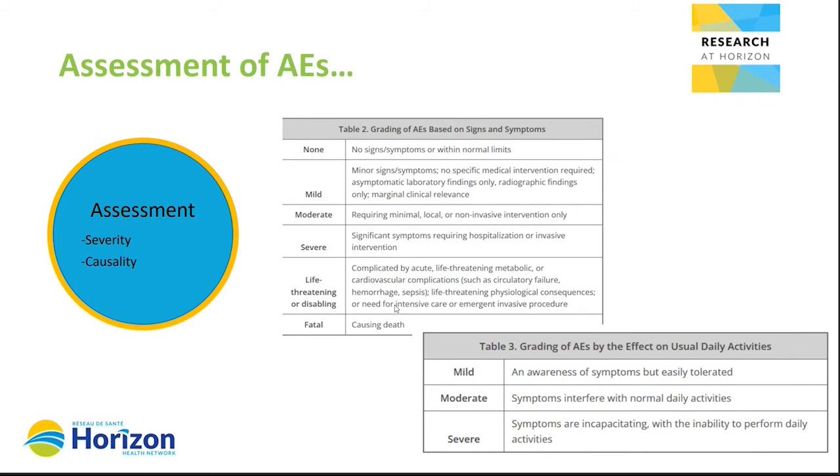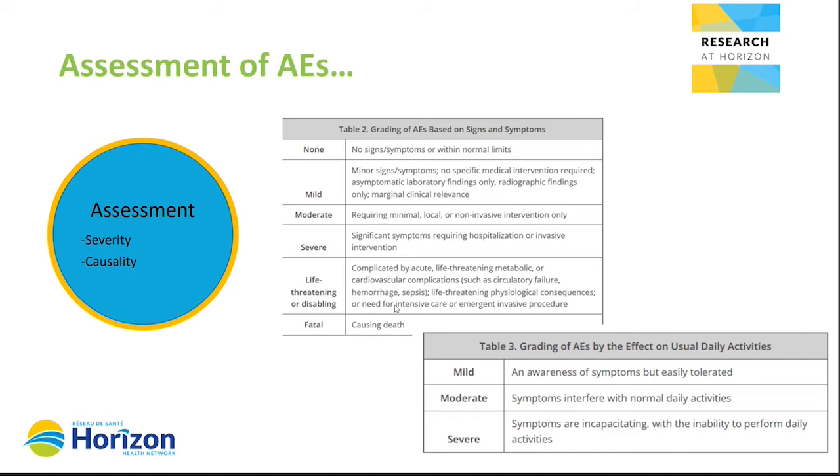So the captured AEs need to be graded or otherwise evaluated with respect to their relatedness to the study intervention. The severity, which typically refers to the intensity of the event, is generally indicated as mild, moderate, or severe, or life-threatening, as you can see in this table here.